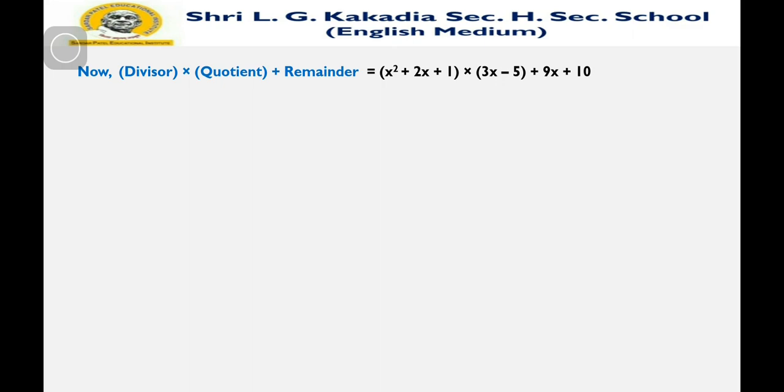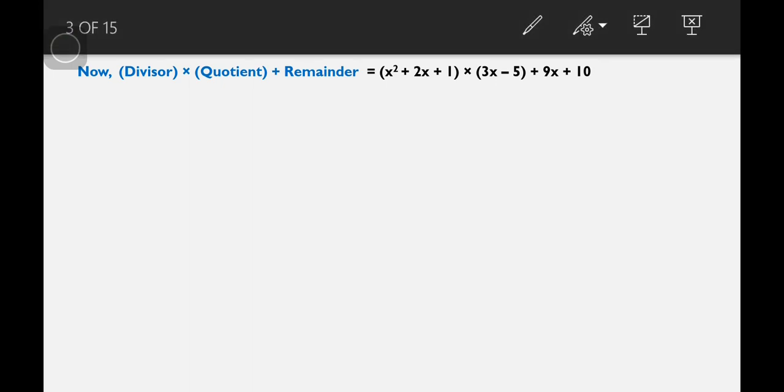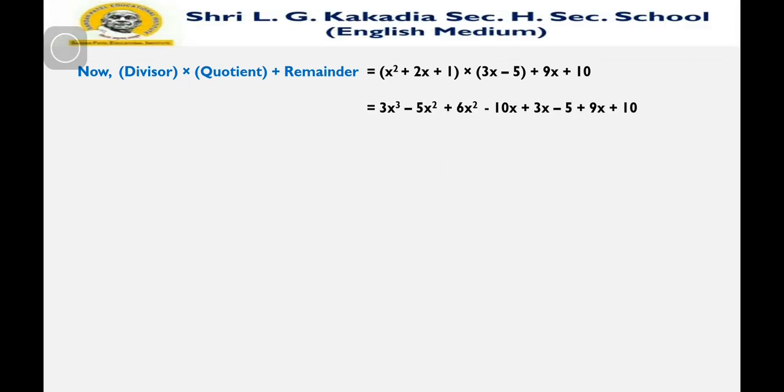Now we multiply both the polynomials. So first we multiply x square with 3x minus 5, and we get 3x cube minus 5x square, plus 2x with 3x minus 5, that we get 6x square minus 10x. We multiply plus 1 with 3x minus 5, then we get 3x minus 5.